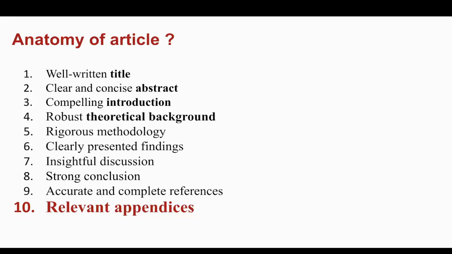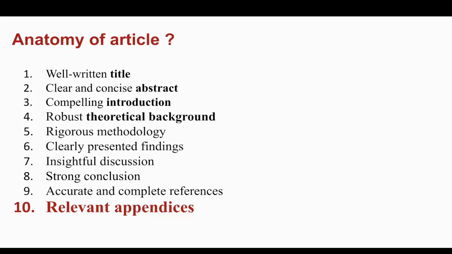And it's very important. It always creates a positive impact when we attach the relevant critical files with our research article. A few journals may publish them, and a few journals do not consider them for their hard copy publications, but they always publish them online in their soft copy publications.